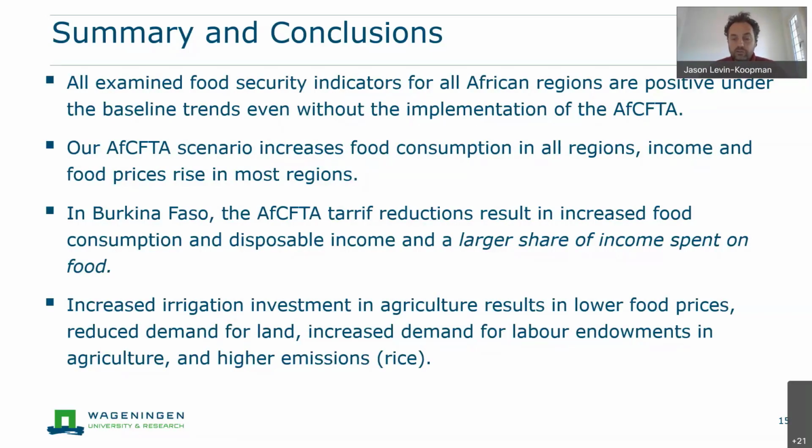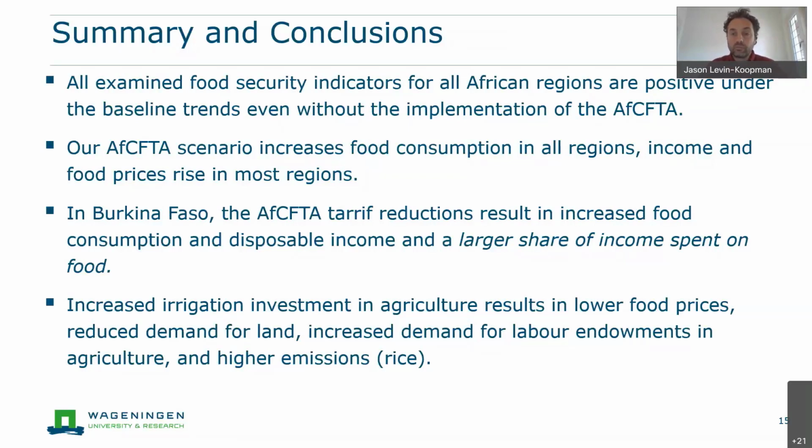So interventions such as increasing irrigation infrastructure can then increase production and reduce food prices. But this also then, particularly as this increase in irrigation primarily affects rice, has a negative effect on greenhouse gas emissions.